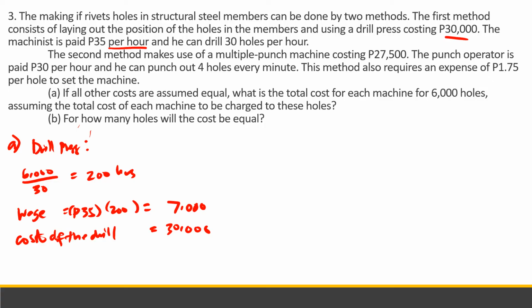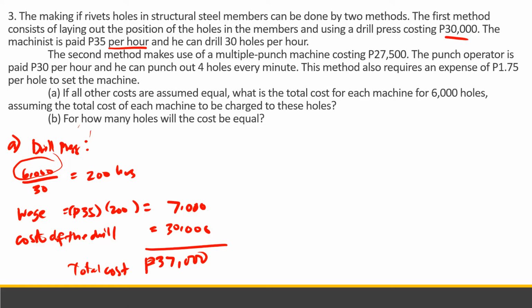Okay, so the total cost for the drill press is equals to 37,000 pesos for the 6,000 na holes.